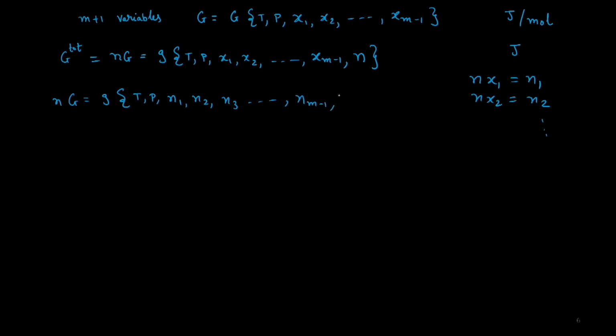And the last value I can either write as N, or I can write the number of moles for the last component as Nm. Both of them are equivalent functionalities, right? So then the total Gibbs free energy, NG, is a function of these variables: m moles, temperature, and pressure.